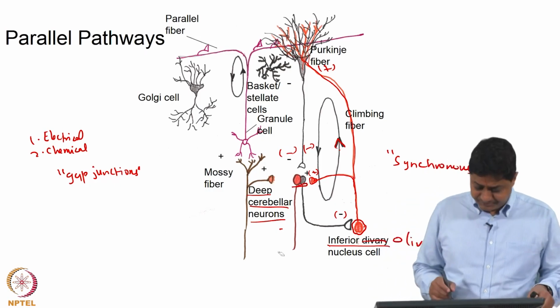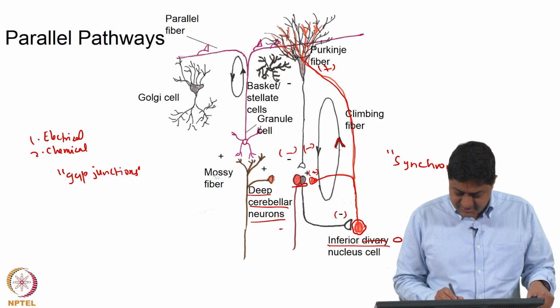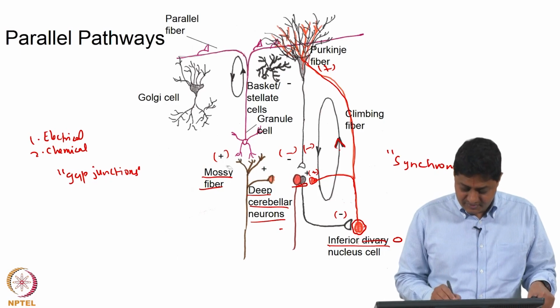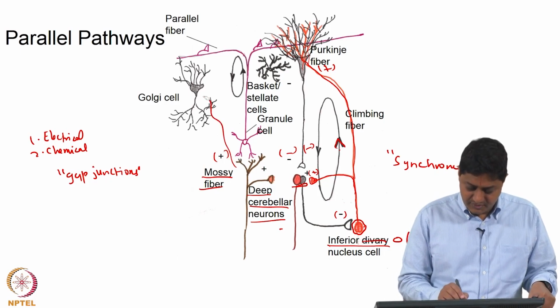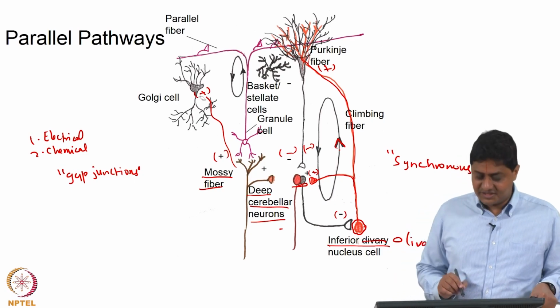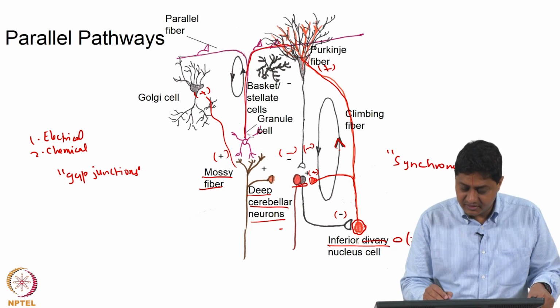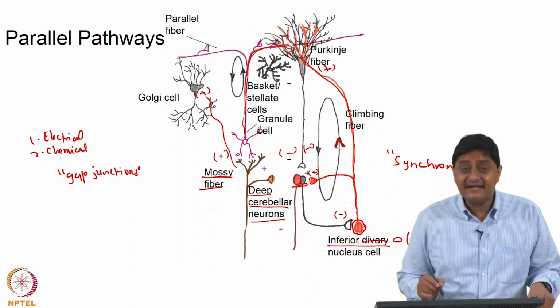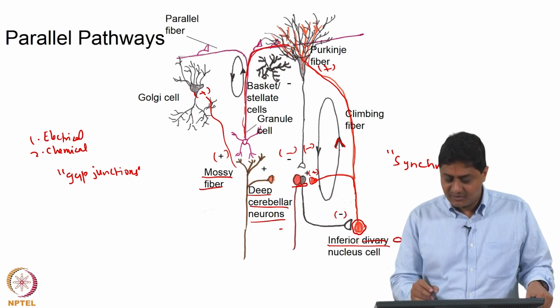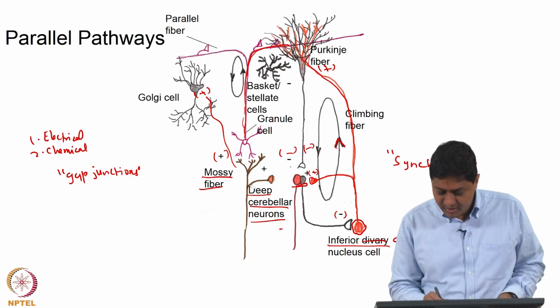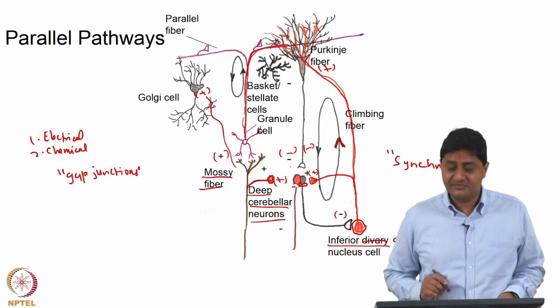But there is one more loop, right. The mossy fiber system excites the granule cells, and the mossy fiber system also excites the Golgi cells, right. What happens is that the granule cells excite the Purkinje cells, which further inhibit the deep cerebellar nuclei, but it turns out that the mossy fiber system also causes an excitation of the deep cerebellar nucleus.